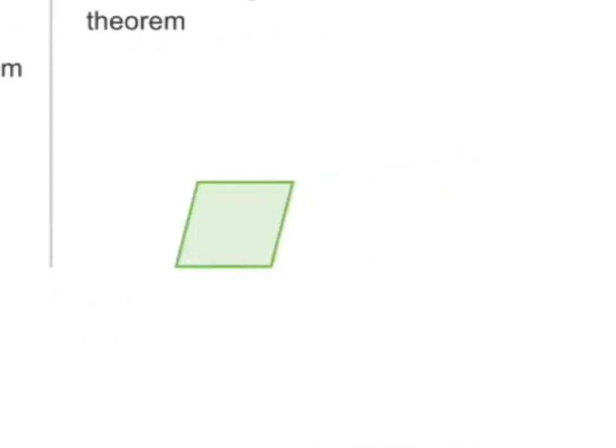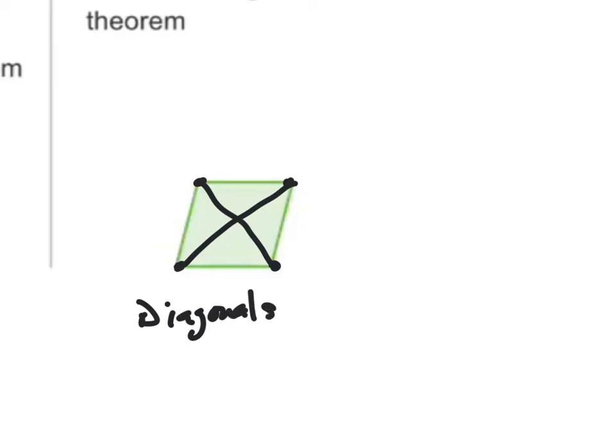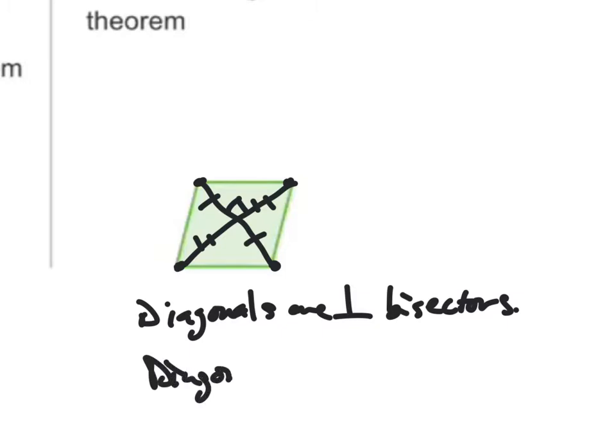In a rhombus, for these diagonals, we know that the diagonals are perpendicular bisectors. So I know that these are congruent, and we form a right angle. The diagonals are perpendicular bisectors, but the diagonals are not congruent. So that's what we've got.